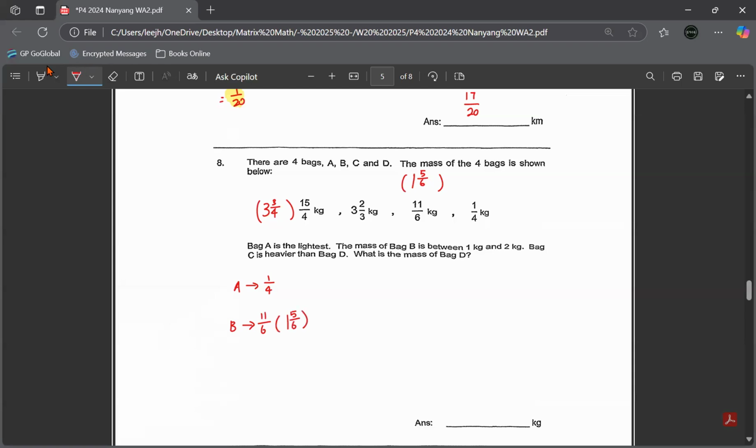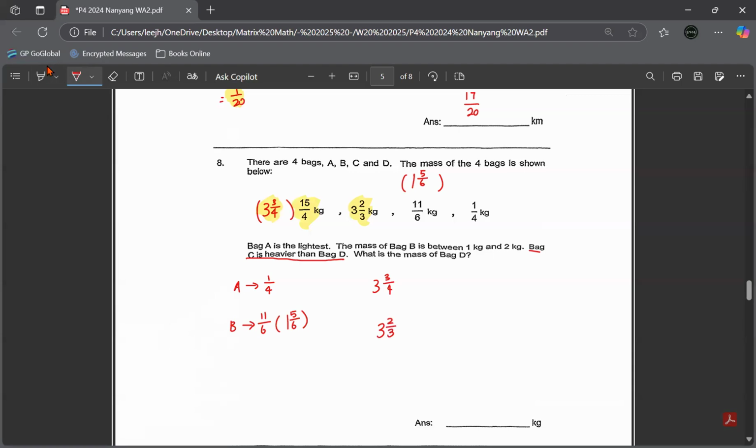Now we have only these two fractions left, or we can use these as well, easier to compare. It says that bag C is heavier than bag D. So if you look at these two denominators, you have 3 and 3/4, and then you have 3 and 2/3.